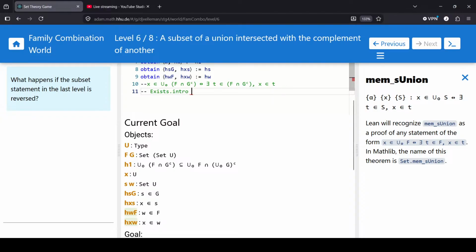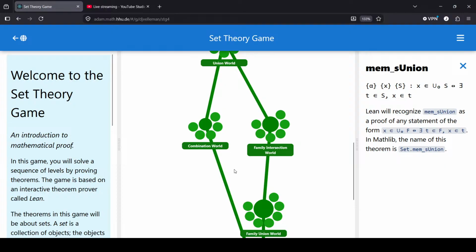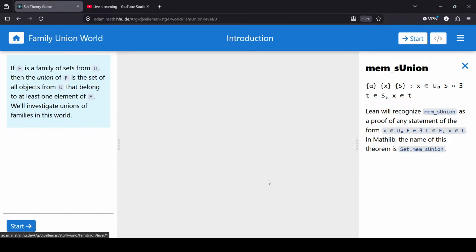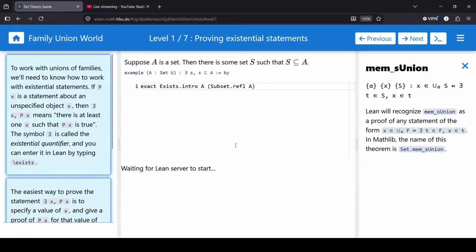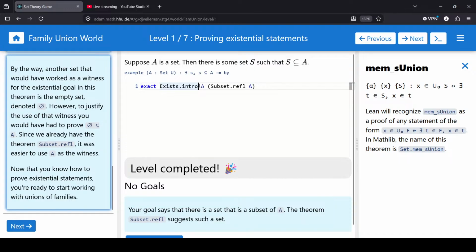Do I need to do an existential intro? I feel like I haven't done an existential intro in a long time. When did we do that even? Was that the start of Family Union World? Yeah, this is where we used it last. It's the first and only time I've ever used this, though.